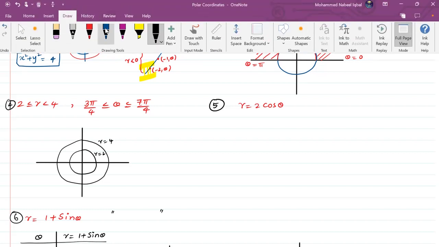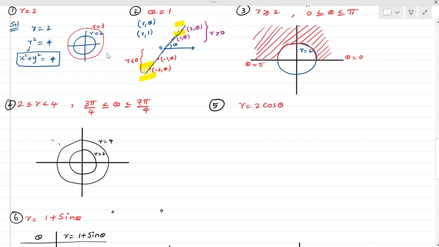And where is this point? What is the theta value? The theta value is here. 45 into 3 is 135, so 135 will be here. This is 3 pi over 4. And what is this one?